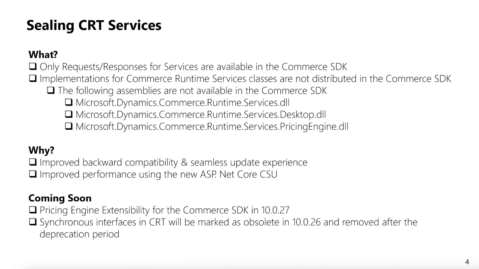Even though it was against best practices, it was a pretty easy mistake to make, and it led to a lot of backwards compatibility issues in the past, and caused problematic updates for customers. So as a part of the Commerce SDK, we sought to address this issue by only exposing the messages assemblies for the services. As a result, only the request and response classes are available in the Commerce SDK.